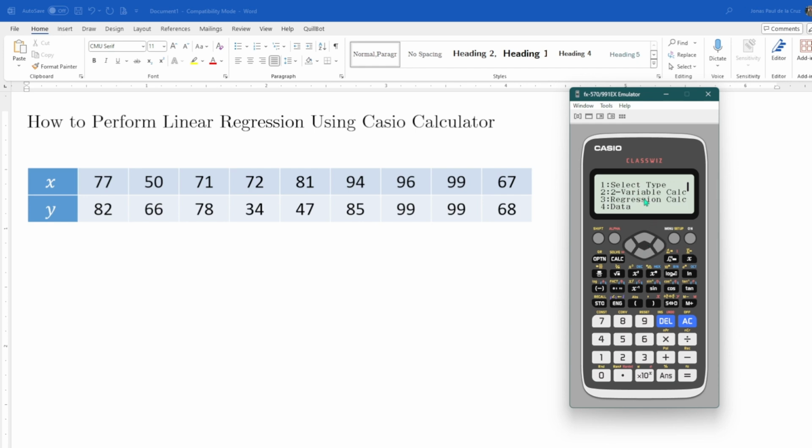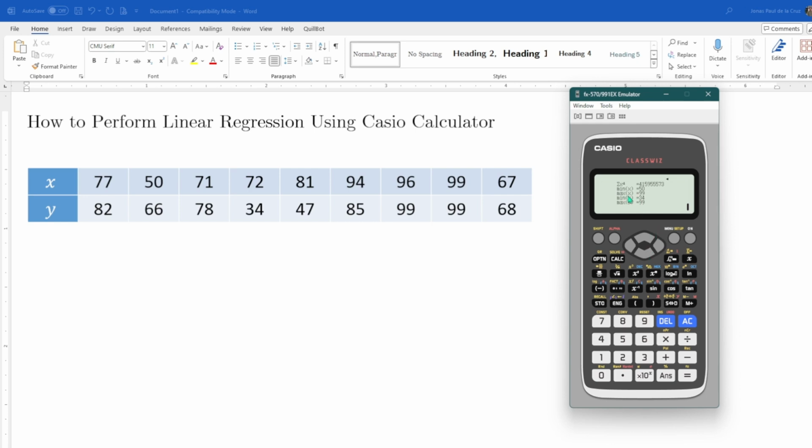You can also calculate the two variable data for x bar, summation of x squared, the variance of x, the standard deviation of x, also the sample variance, standard deviation, also for the statistics for the y variable.